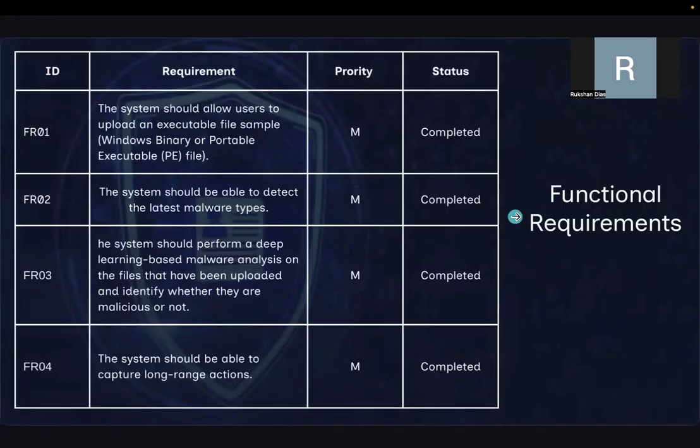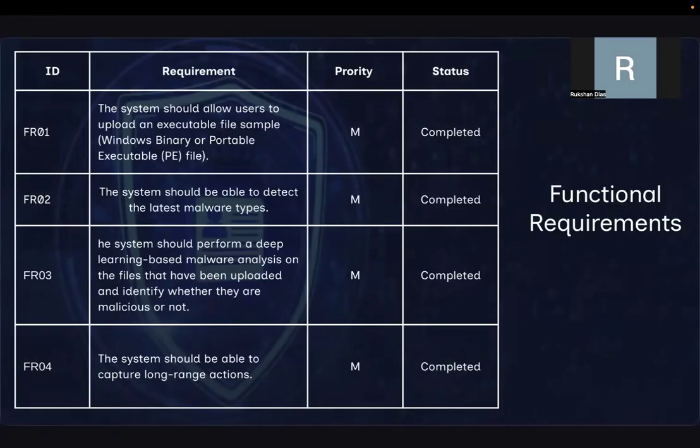So when it comes to requirements, under functional requirements, these are the things that I have achieved during my implementation. The system should allow users to upload executable file samples like Windows binary or portable executable PE files.